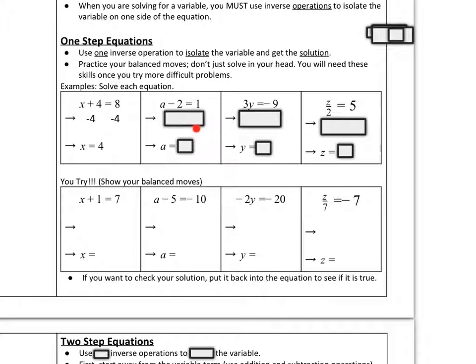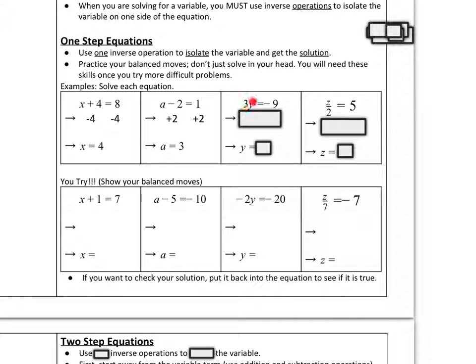Looking at the second example, we have a minus 2 equals 1. The opposite of minus 2, the inverse operation, is plus 2. So we do plus 2 to both sides of the equation, and the 2's cancel out, and a equals 1 plus 2, which is 3. Next, we have 3y equals negative 9. When they're next to each other like this, that's multiplication.